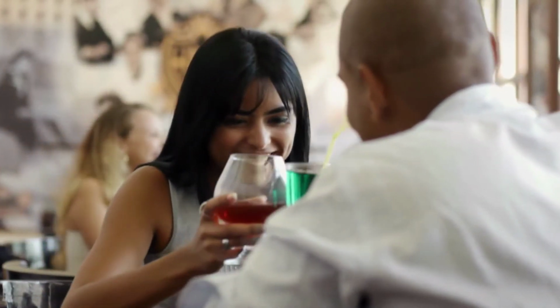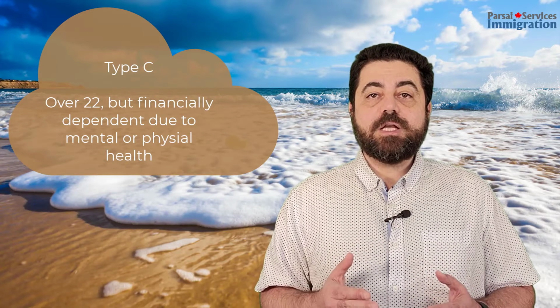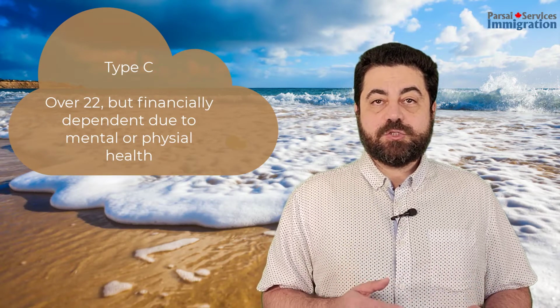Type C is kind of obvious, and it is based on the existing laws. If your child is 22 or more than 22, that child is not a dependent child anymore. However, the law makes exception. If the child is heavily financially dependent on you because of a significant medical issue, whether it is physical problems or mental problems, then that child could also be your dependent child.